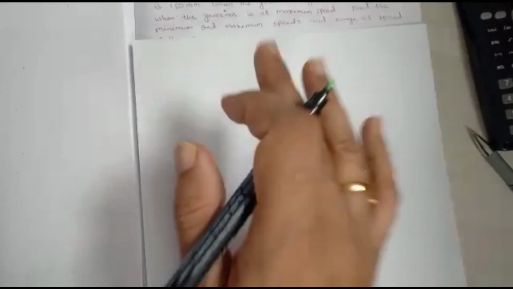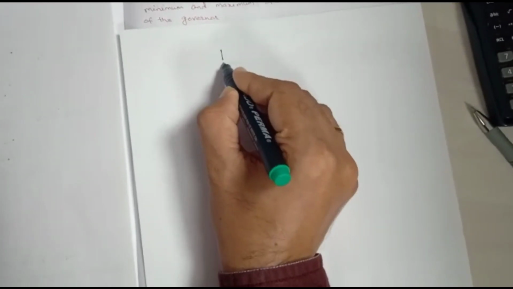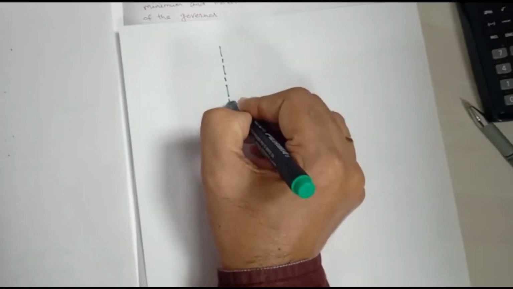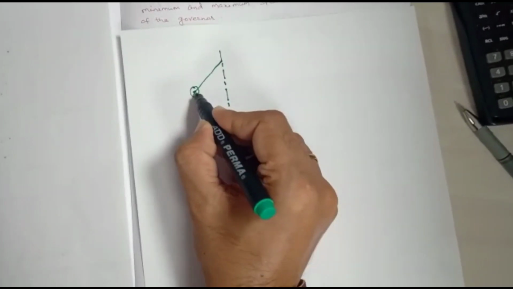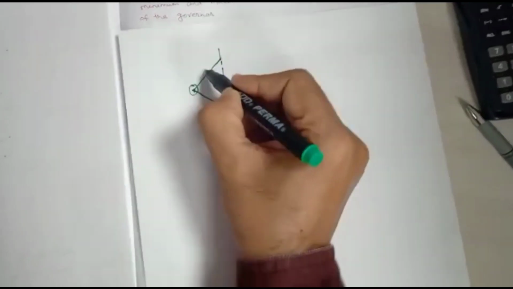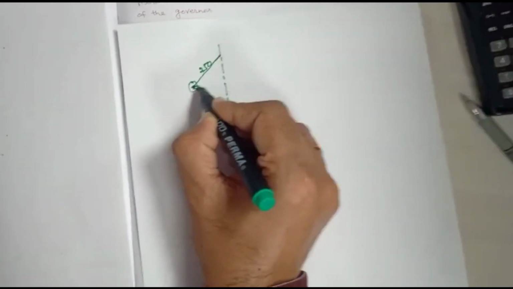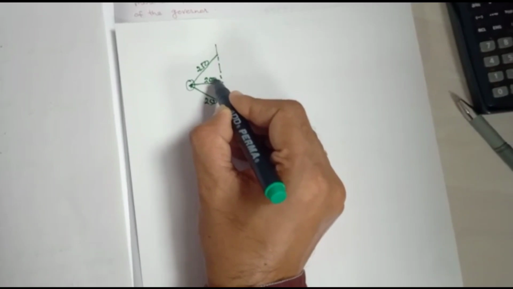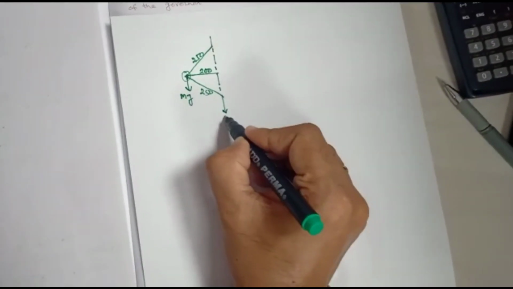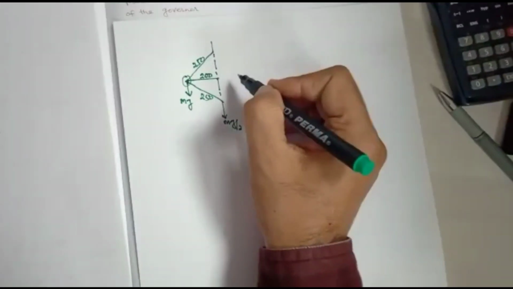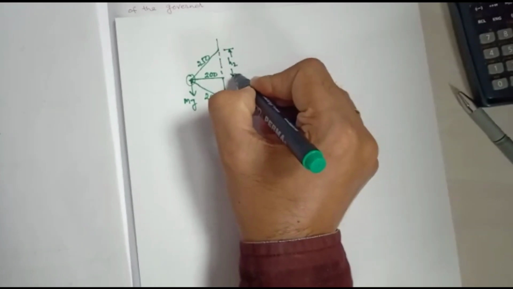Let us draw for maximum speed. According to the data given, let this be the spindle axis. This is the arm, 250 mm, 250 mm, and this radius of rotation is now 200. Here half of the weight of the ball is acting. This one is nothing but H2.